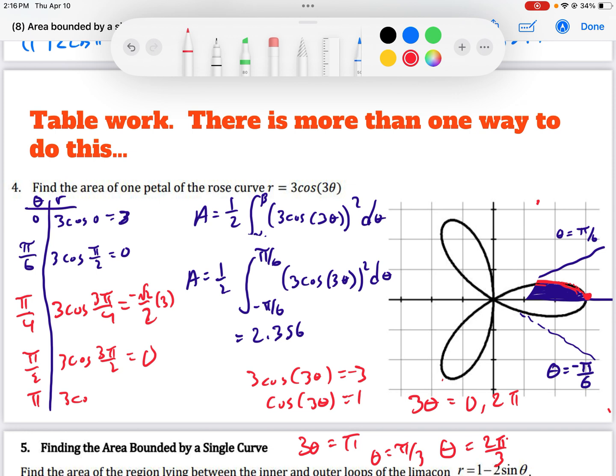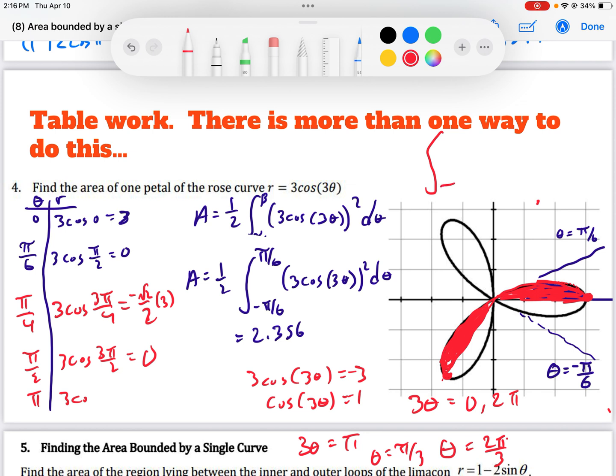All right, let me redraw this part again. This is the way I think no one's going to do it, but I'm just talking about it in case. If I wanted to integrate from 0 to pi over 6, I get that red one. Then from pi over 6 to pi over 3, I would get this.